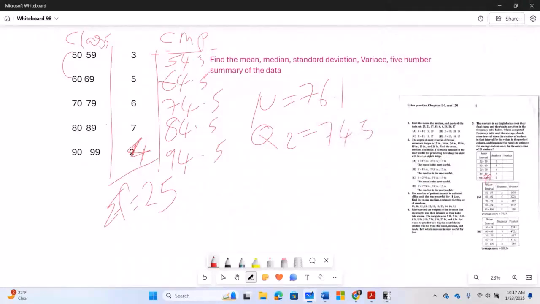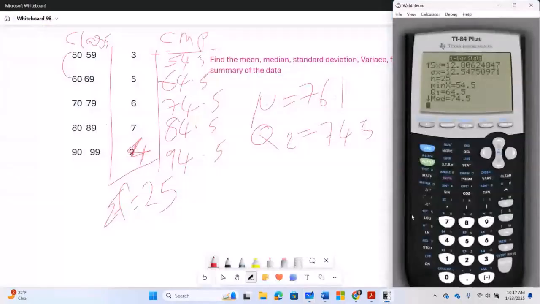Okay, and I'm told to find the standard deviation. So remember, this data is grouped data. So I am going to find the population standard deviation. So this is the population standard deviation, but this one is the sample standard deviation.